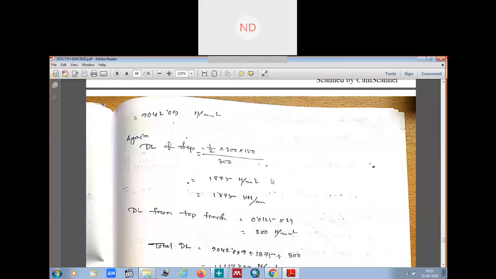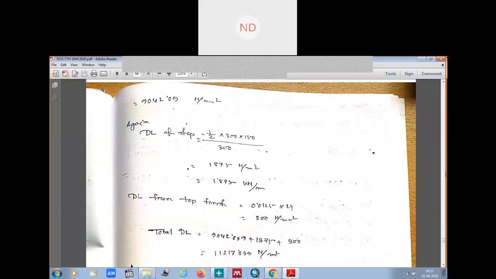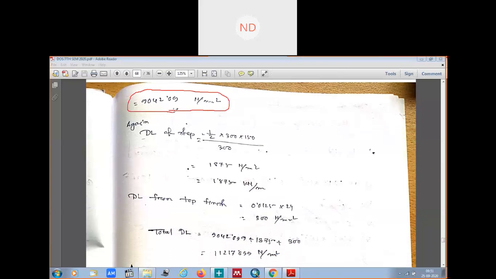So actually what we are trying to find is the total load. The total load is the load from the step plus the corresponding load from the waist slab and the ceiling per unit horizontal area, which we have got to be this.